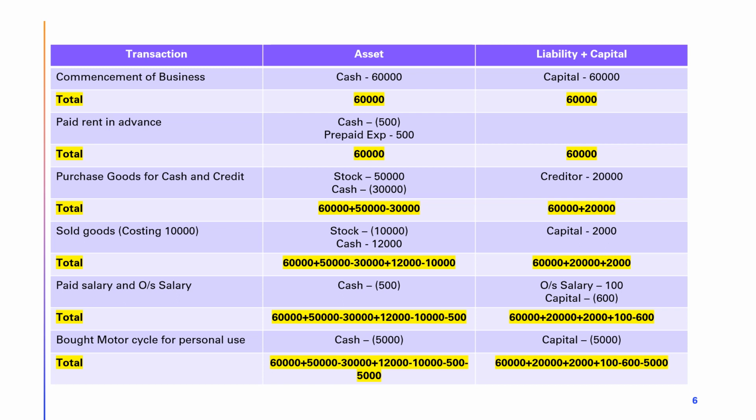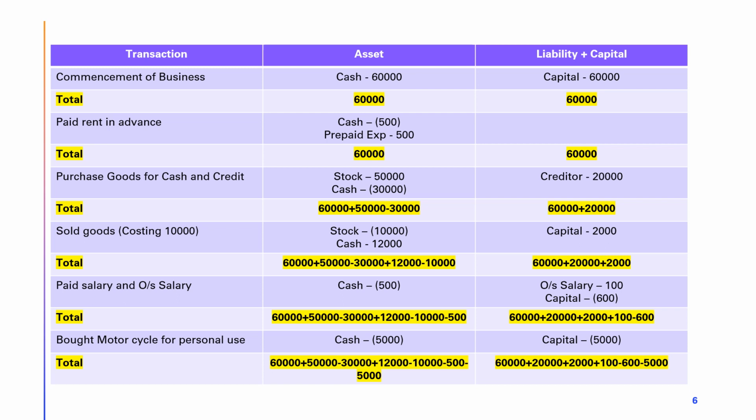Fifth entry is part of salary paid in cash and part kept as payable. Now firstly, we will reduce the cash component by 500. Now coming to liability plus capital side, we create a salary component and record 100 as it denotes amount which business owes, similarly like we created creditor component when we purchased stock.